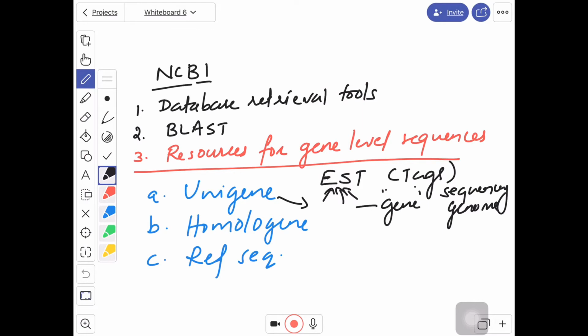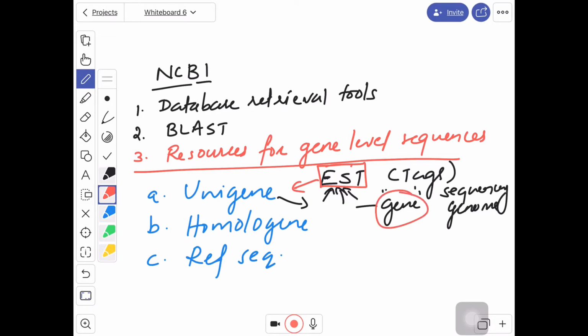On a particular gene, there will be different researches going on, and at different laboratories, they will create different ESTs. They may belong to one gene. So this UniGene helps us to identify those ESTs which are referred to a particular gene.